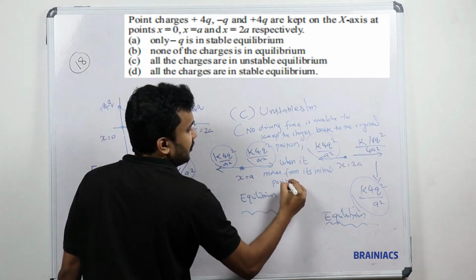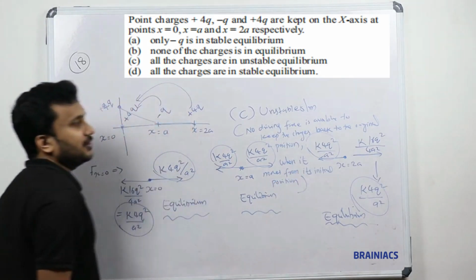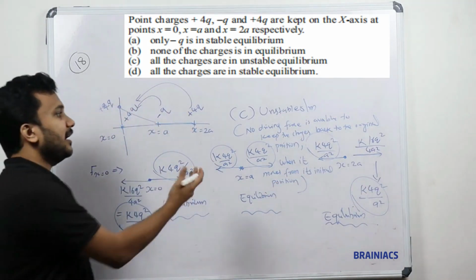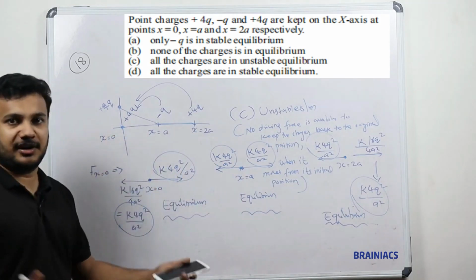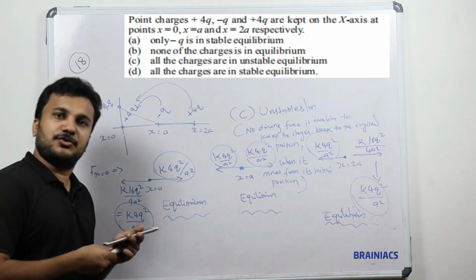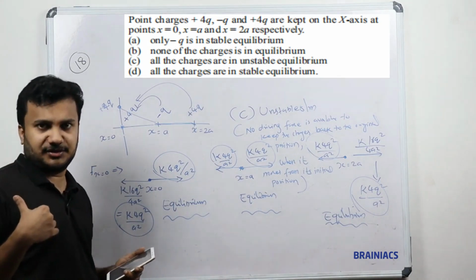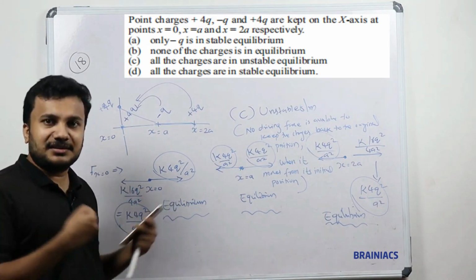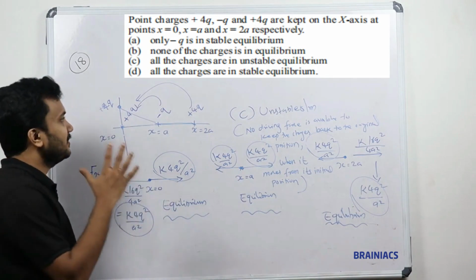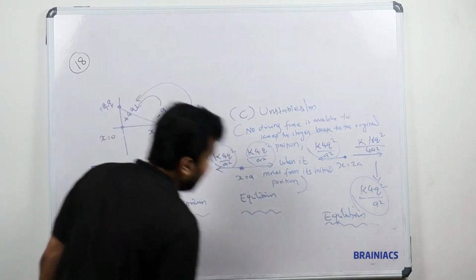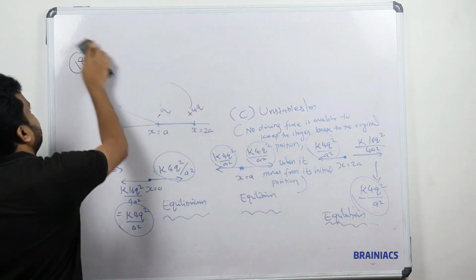Whenever it moves from the initial position, there is no driving force available to keep it back to the original position. Unless there is a driving force, it cannot come back to the original state. So it's like a plastic system. Plastic system means unstable system. So the answer is option C. It's equilibrium and unstable.